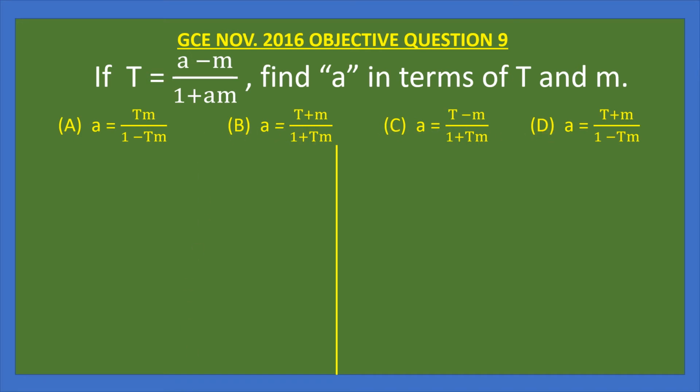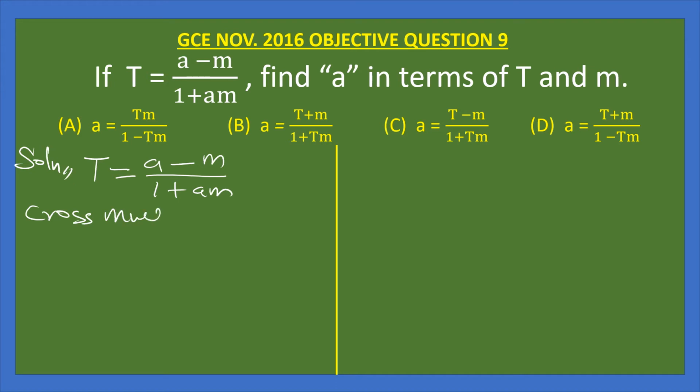So let's solve it. Solution. If T is equal to A minus M over 1 plus AM. Remember, T also means T over 1. So we cross multiply both sides.